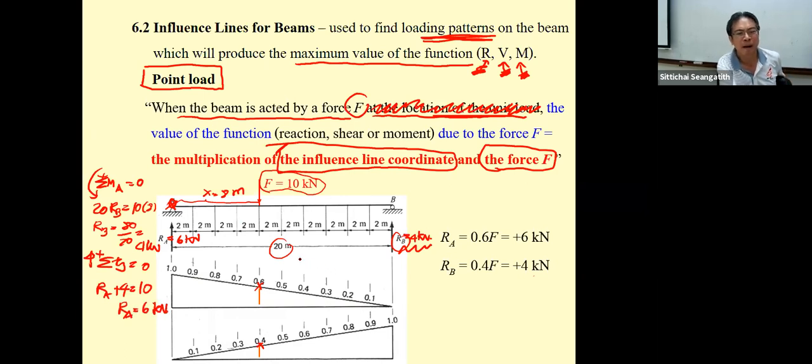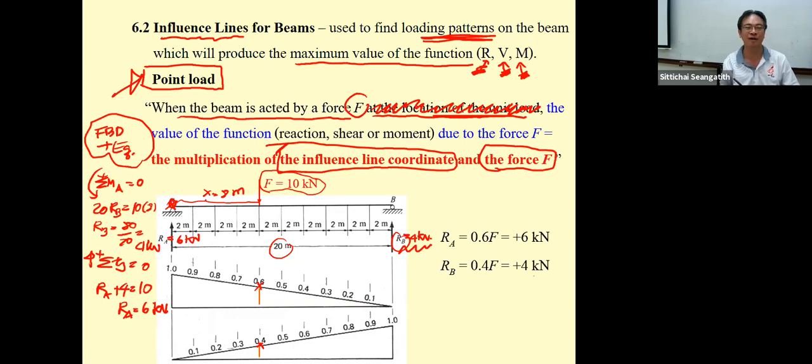So you can see that by using the influence line diagram to determine the reaction from the point load, the results are equal to what we compute by using engineering statics, using the free body diagram and the equation of equilibrium. Again, for the point load, you multiply the point load by the coordinate of the influence line.